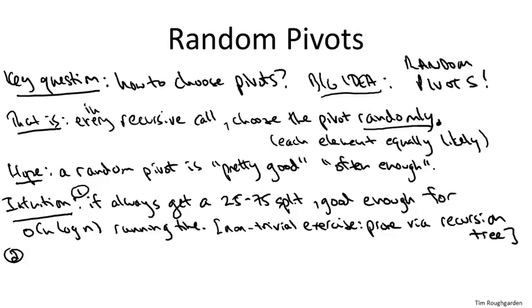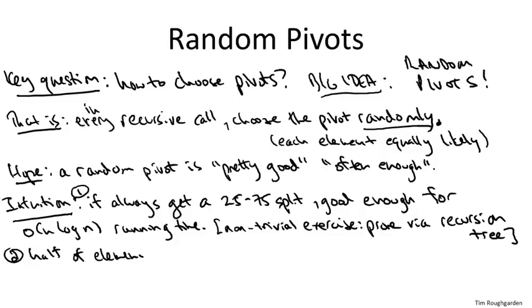If we pick something that's at least 26, that means the left subproblem is going to have at least the elements 1 through 25. That'll have at least 25% of the elements. And if we pick something less than 75, then the right subproblem will have all of the elements 76 through 100 after we partition. So that'll also have at least 25% of the elements. So anything between 26 and 75 gives us a 75-25 split or better.